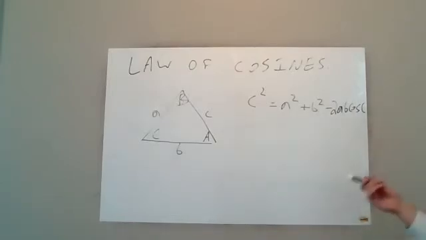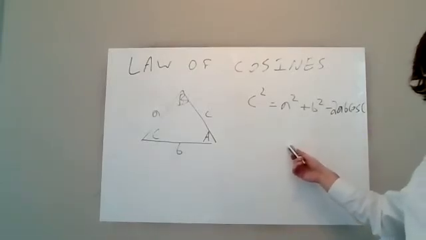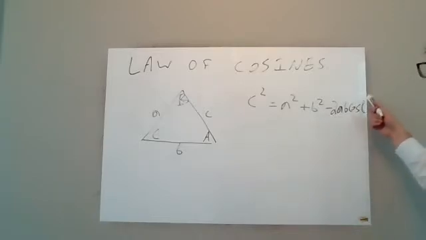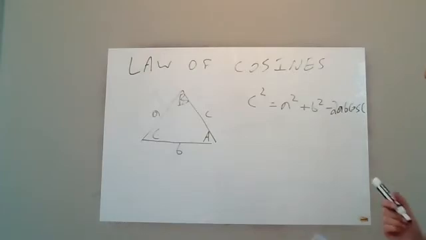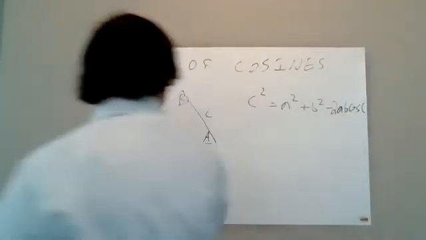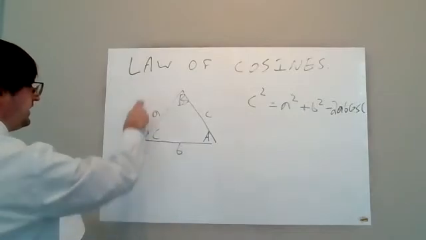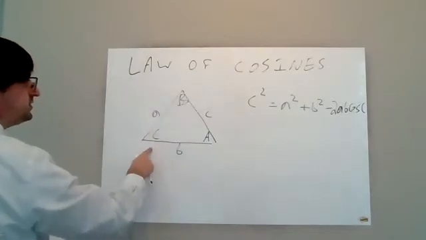This should look to you very close to the Pythagorean formula. The Pythagorean formula for a right triangle would be exactly what you get without this last term. And look what happens if big C becomes a right angle, 90 degrees, pi over 2.